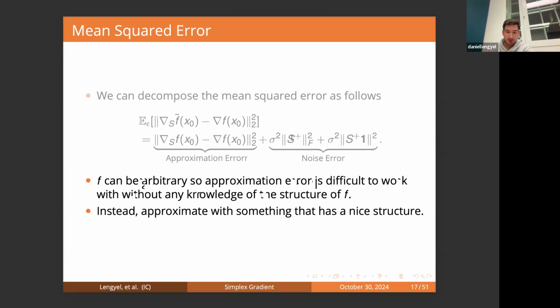Since f can be arbitrary, it is pretty difficult to minimize over the sample set here. You would have an optimization problem that's quadratic in the dimension, and you would have some generic f, which might be difficult to work with. Instead, we want to approximate the function locally and better understand how it behaves, so we would go for some kind of Taylor expansion.